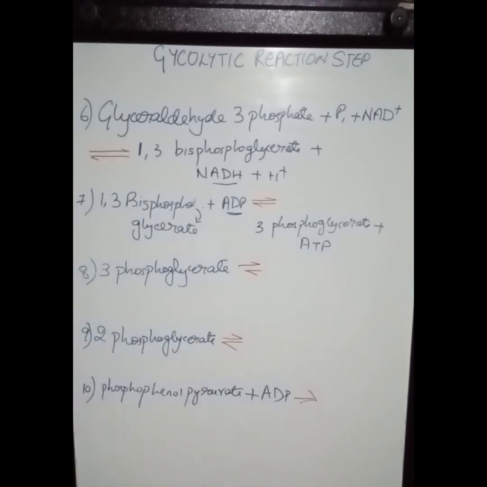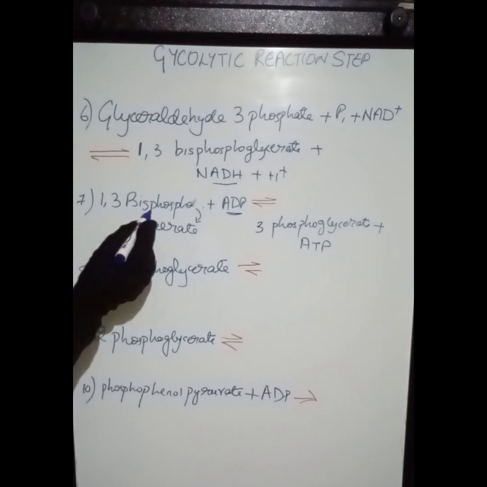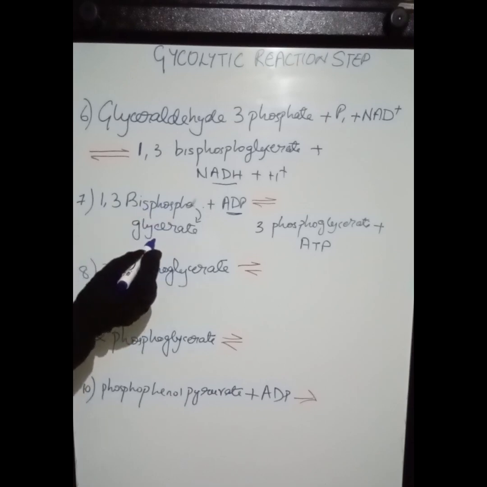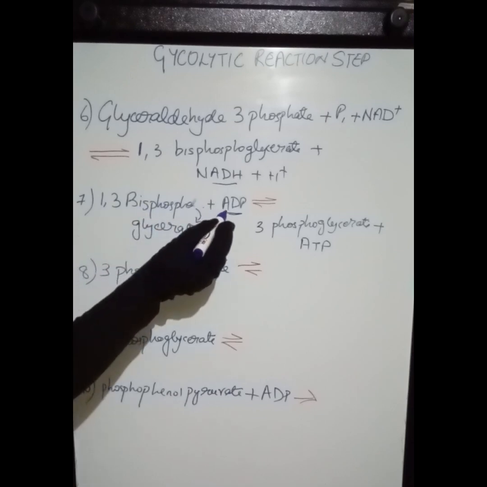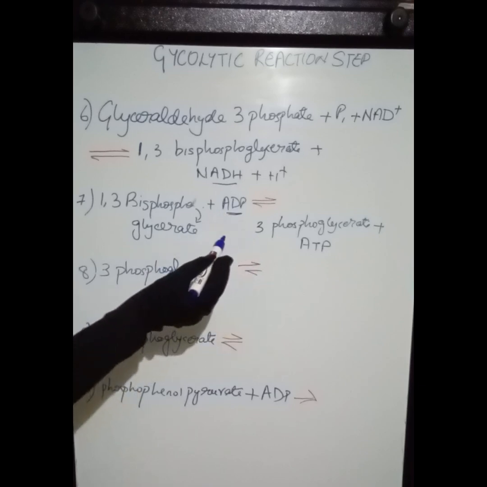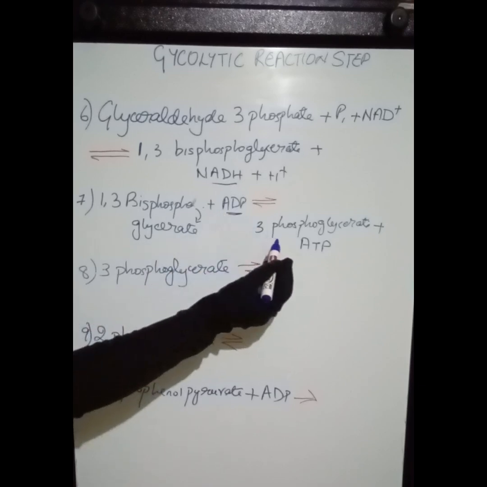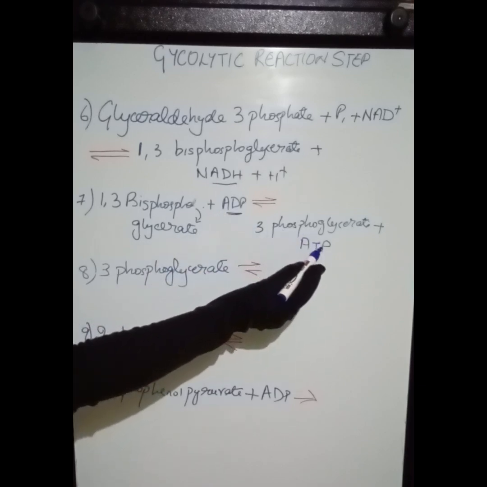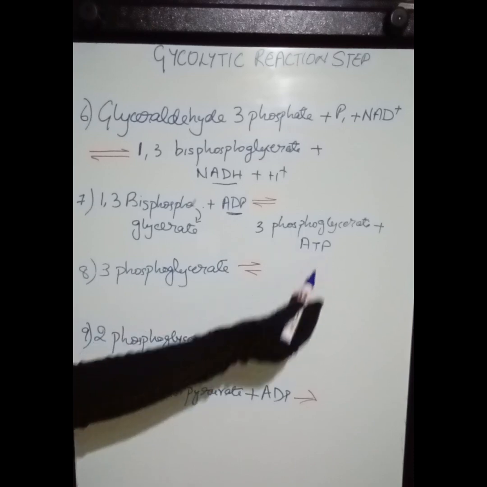If you see here, we had two phosphate ions attached, so it was 1,3-bisphosphoglycerate. It takes the ADP molecule, and the product made was 3-phosphoglycerate plus your ATP molecule.